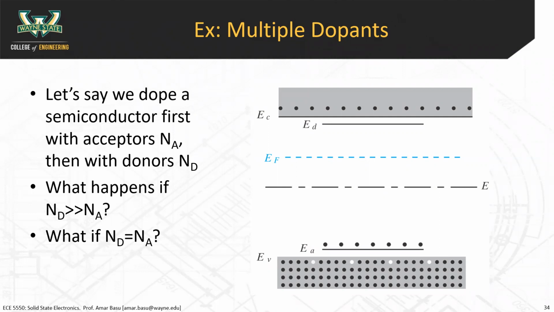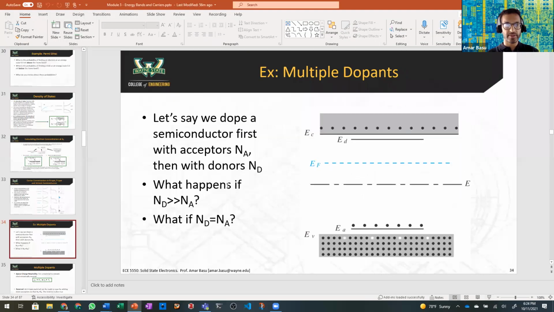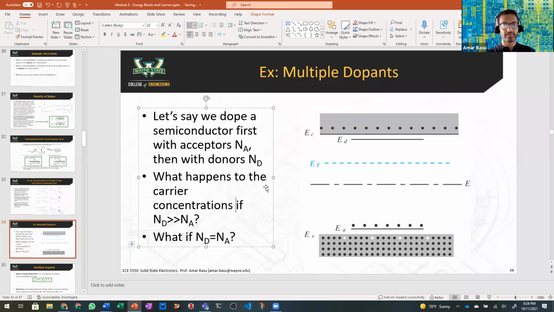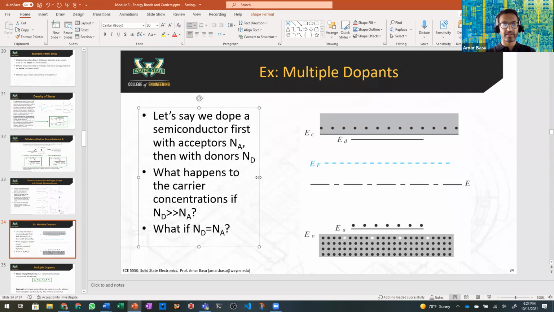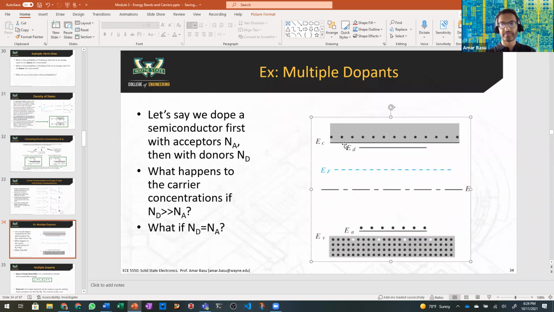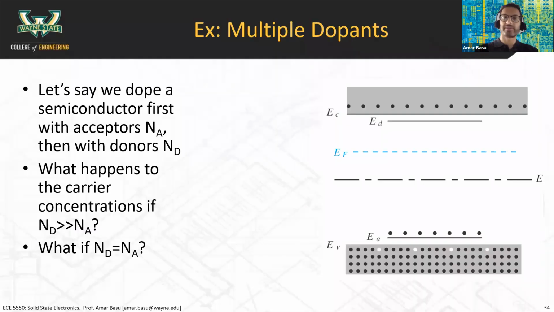So when you say that, are you asking what happens in terms of the carrier concentrations? Carrier concentrations? Oh, okay. Yeah. So let me. Yeah, I think that's helpful to have on here. Okay, I'm going to make a little bit of space here because we have an energy band model up here.